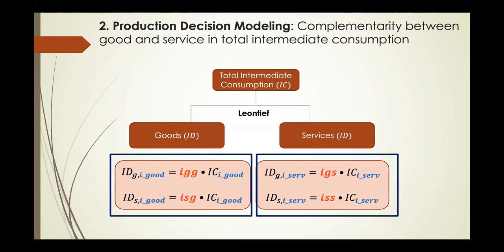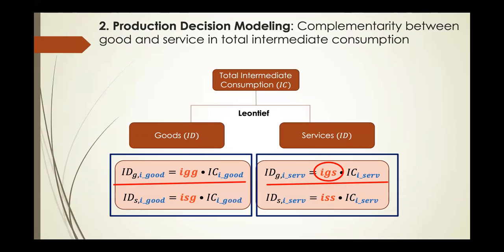The top equations specify the demand for the good input, CD, ID, indexed by G for good, which come from the derivation of the profit maximization of industries. So the IGS are the related parameters.